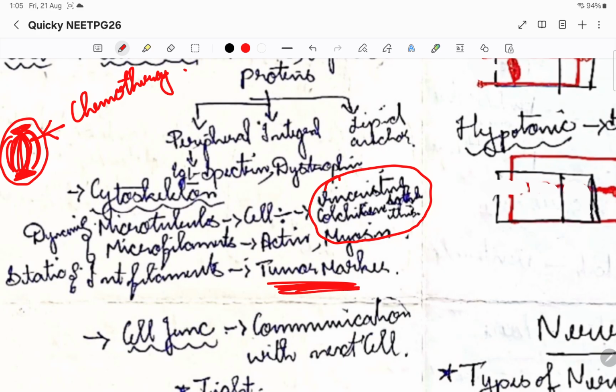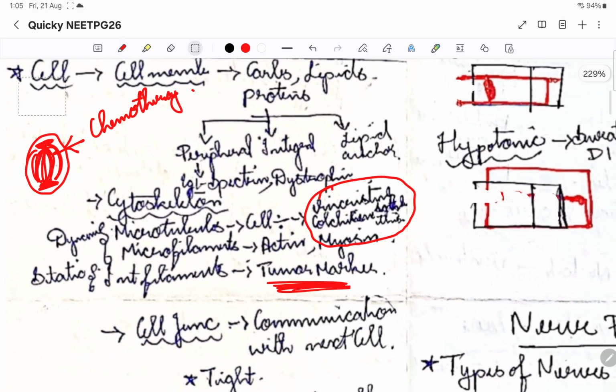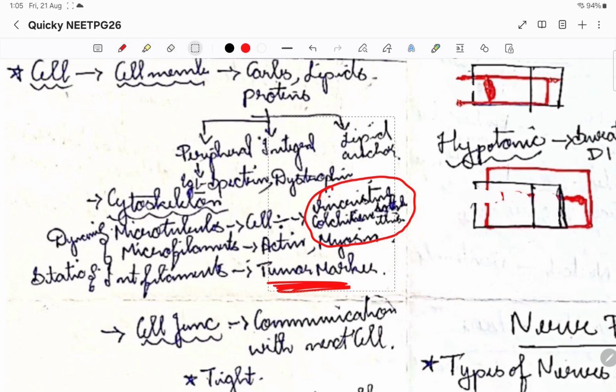If the cell is dividing quickly, there will be an increased amount of intermediate filament, so that is when it acts as a tumor marker. When the tumor marker is high, that means the division is very strong.